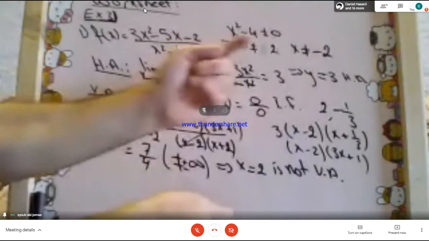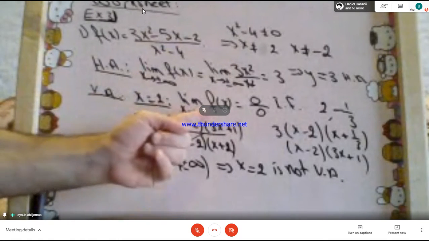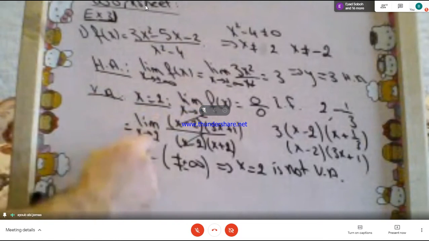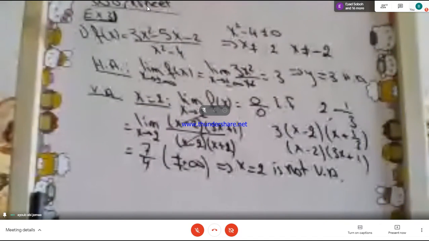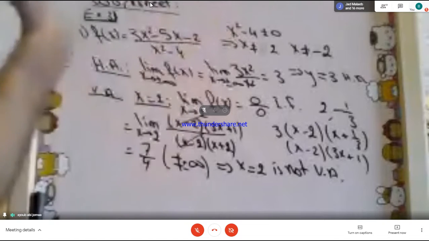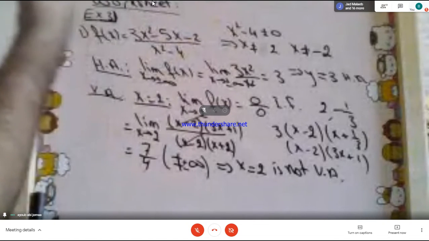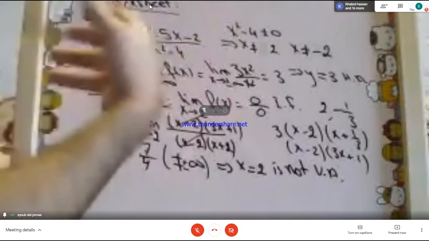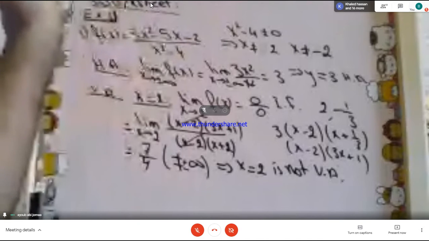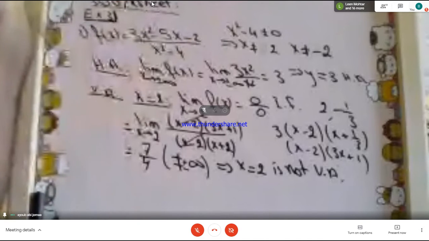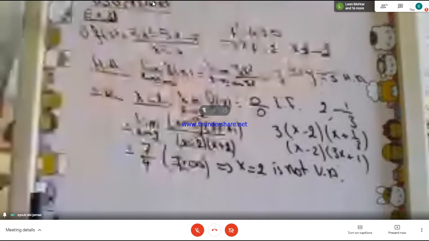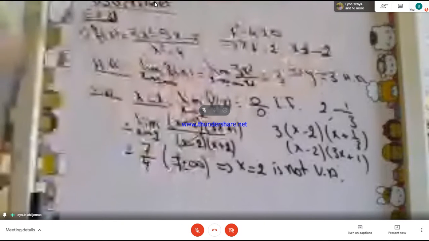But here, at 2, whether you find it at 2 minus or 2 plus will give you the same answer, 7 over 4. So there's no difference. Still, the line of equation x equal 2 is not a vertical asymptote. For x equal negative 2, we'll see the limit.